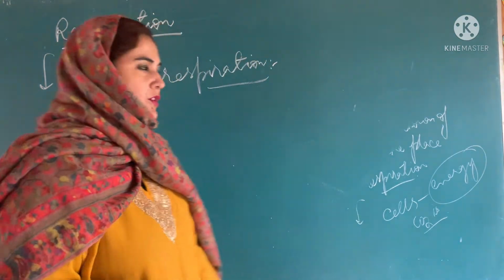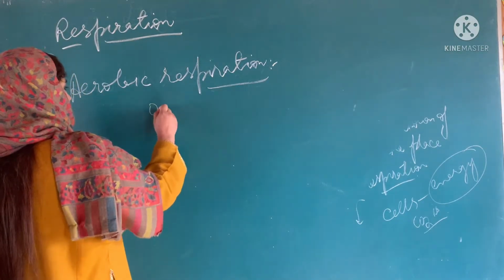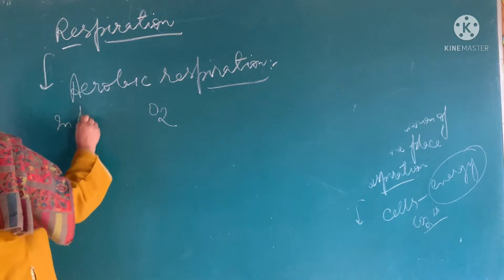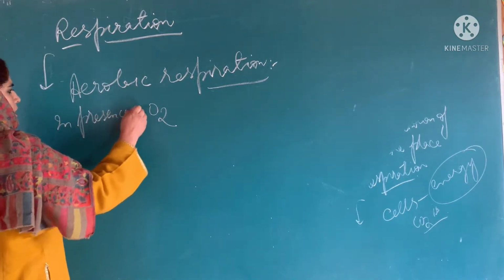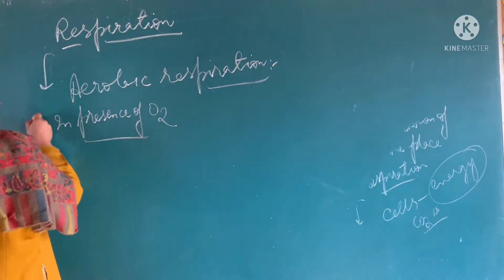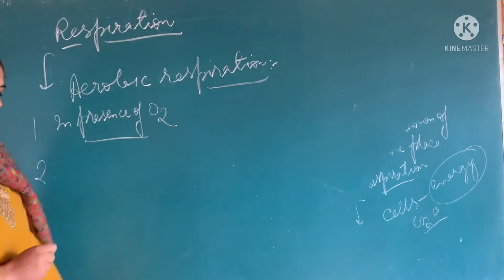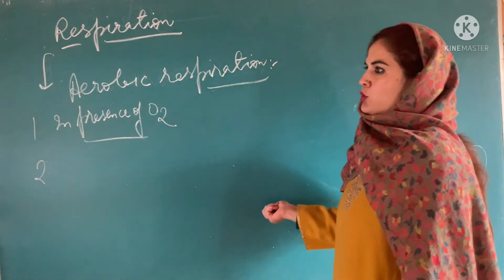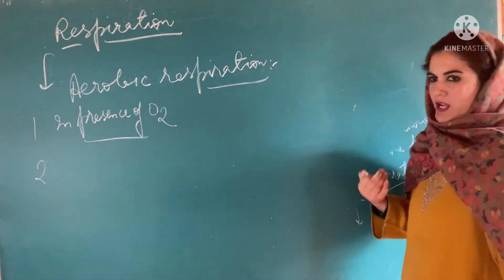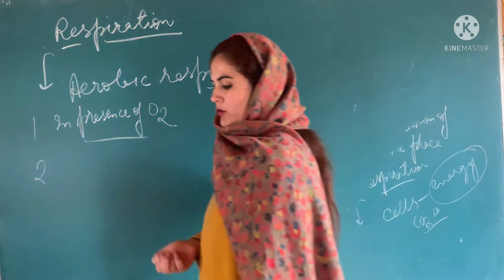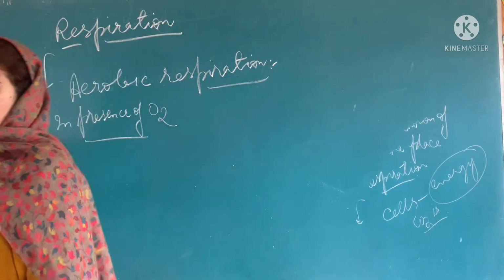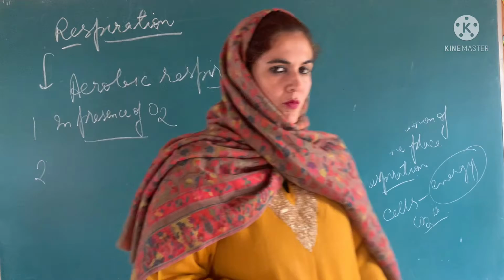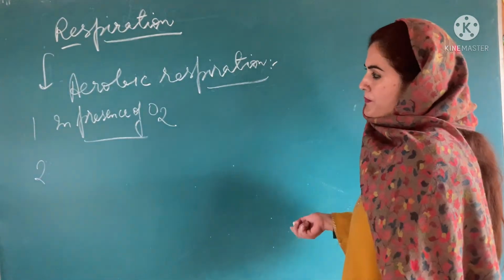Or we can say in simpler terms, in presence of oxygen, first point. And second point, क्योंकि जब respiration की बात आ रही है तो you must know कि breakdown of food तो होगा. There would be that breakdown of food, oxidation of food in which energy is released. तो यहाँ पे भी breakdown of food will take place for sure.